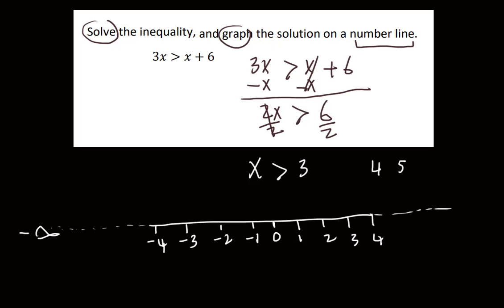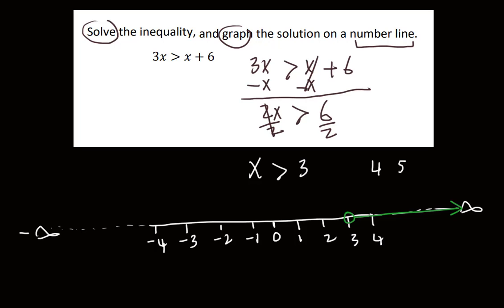Then the numbers will keep increasing until they reach positive infinity. Now we have to check whether we have greater than or greater than or equal. Now it's only greater than. So we will find the value, which is 3, then we will use the open circle. It says greater than 3, so our number line will move to the right side.